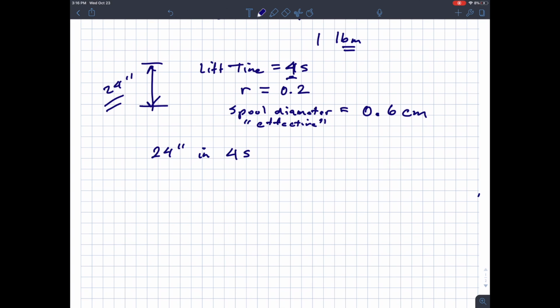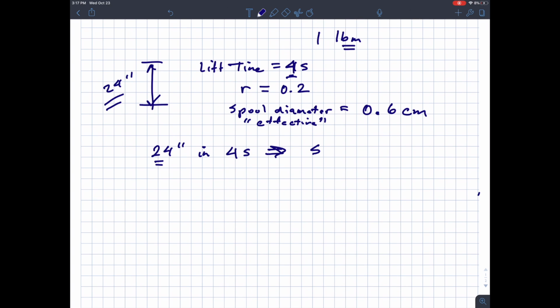Okay, so I'm going to assume that you know how to do the calculation. You have a rotating shaft that's spooling up string, and you have to spool up 24 inches of string. I'm assuming you could calculate that to the spool, convert that to the spool speed. Okay, so you'd need that to be in revolutions per minute.